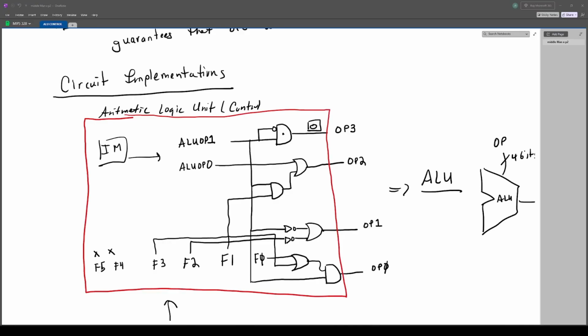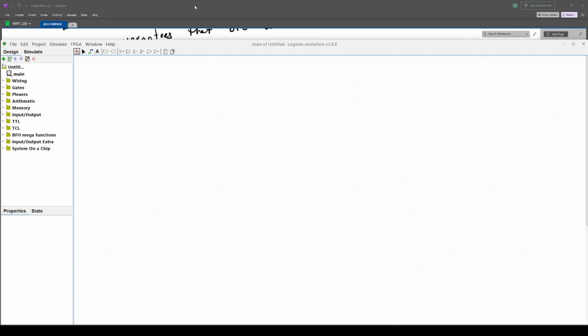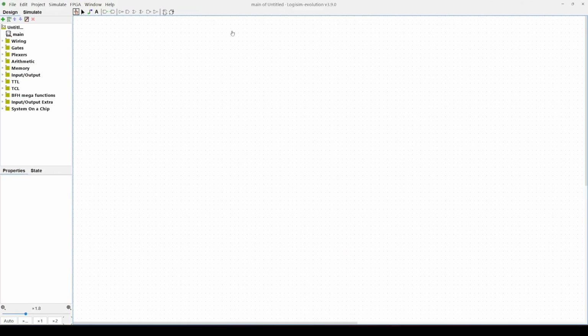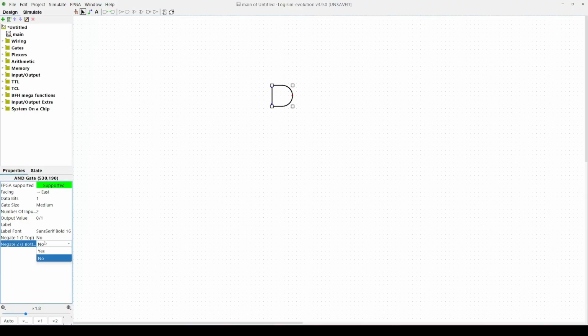So now that we have designed our gate implementation, we're ready to do the project in Logisim. The way we're going to do it is we're going to use the same gates that we had. For example, we had an AND gate here, and remember, this was our OP3.